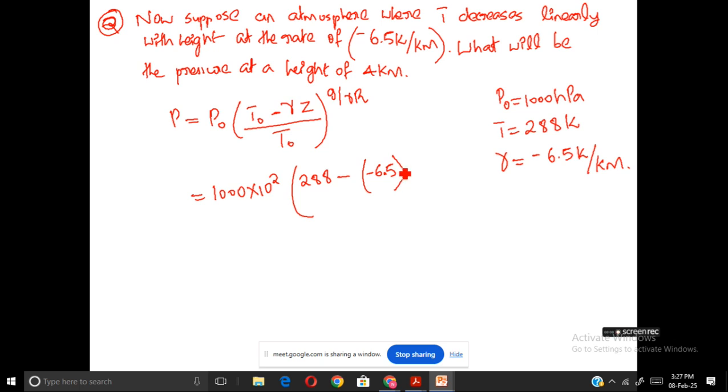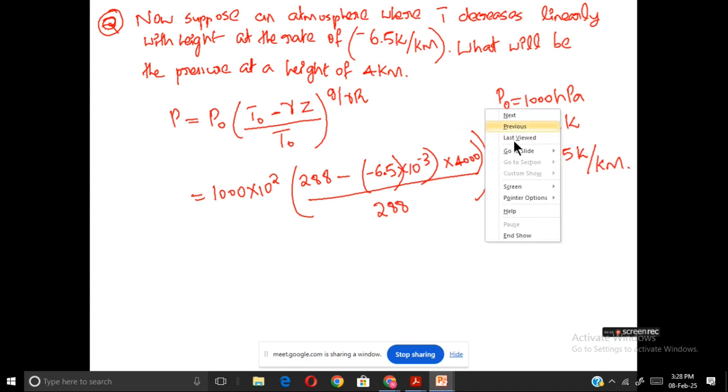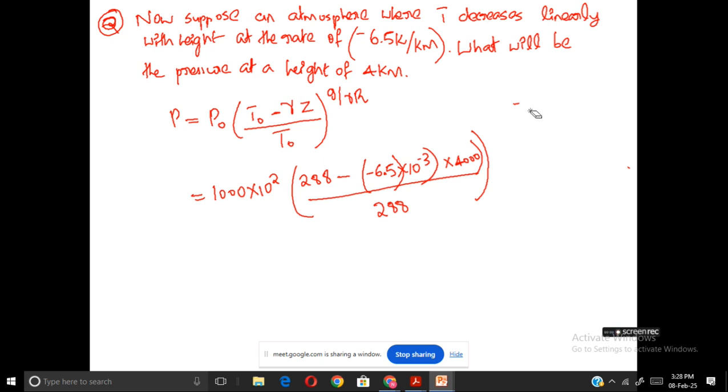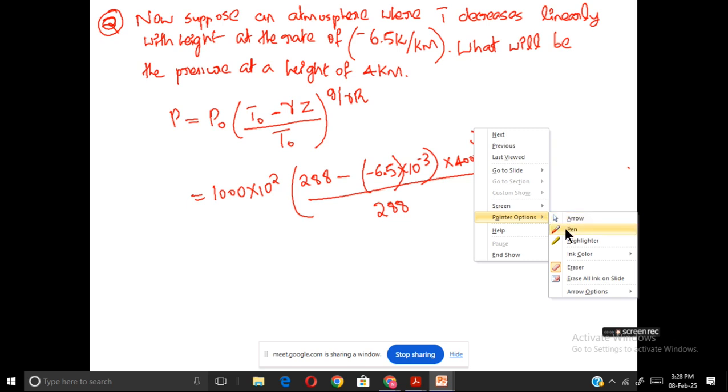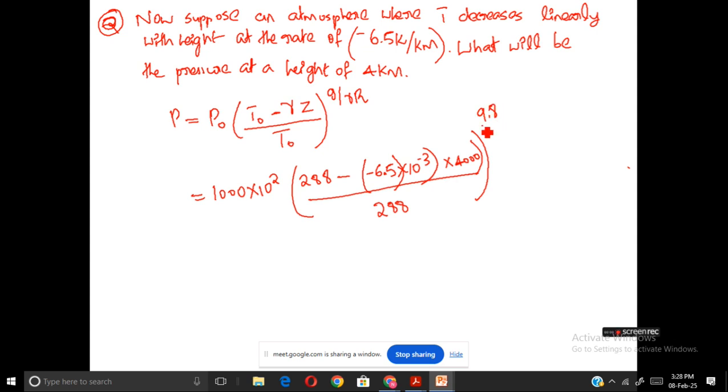So it will be into 10 raised to minus 3 into 4000, which is the value of Z, divided by 288, the whole raised to G by gamma R. G has a value of 9.8, divided by gamma, which is again 6.5 into 10 raised to minus 3, into R, which is 287.